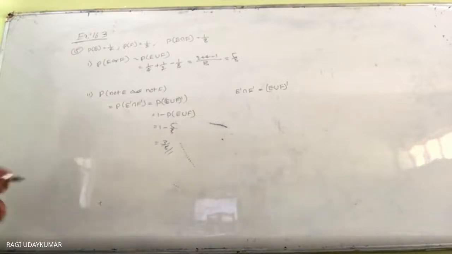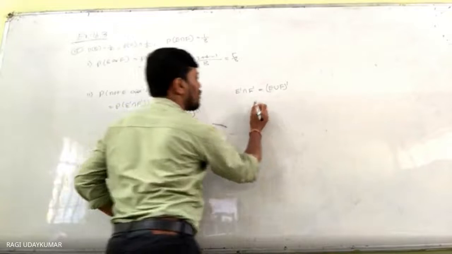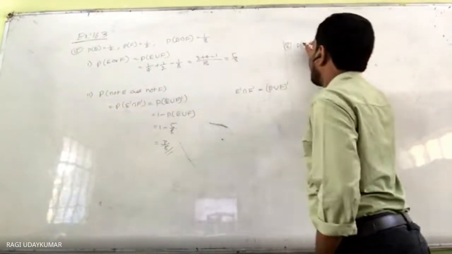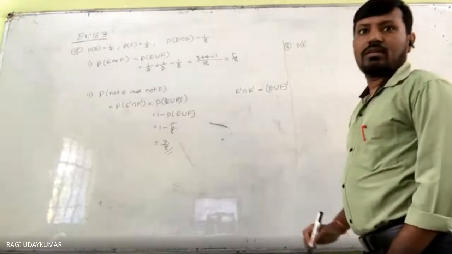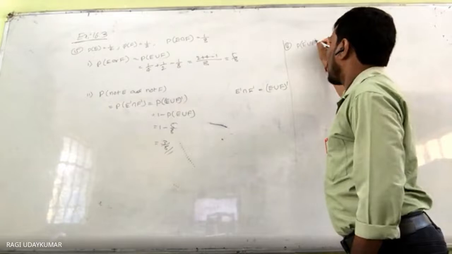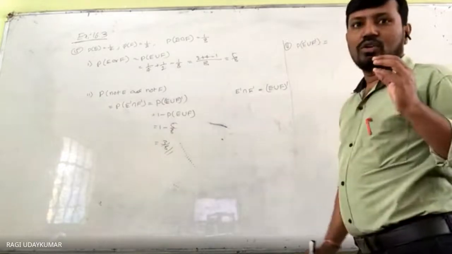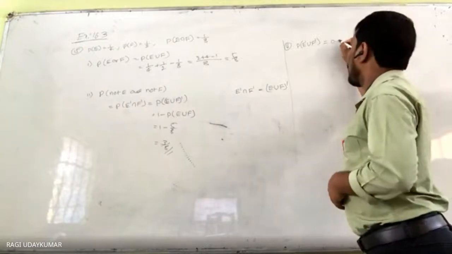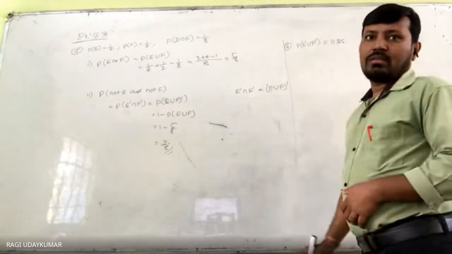What is given in the 16th problem? It is given that the probability of not E or not F, where or is nothing but union normally, is equal to 0.25.